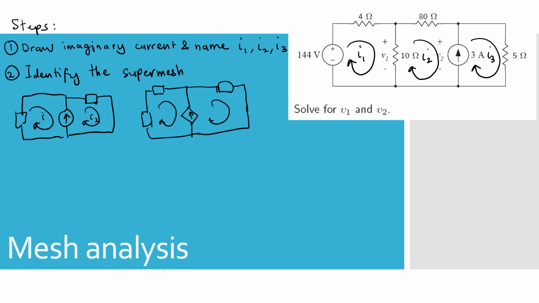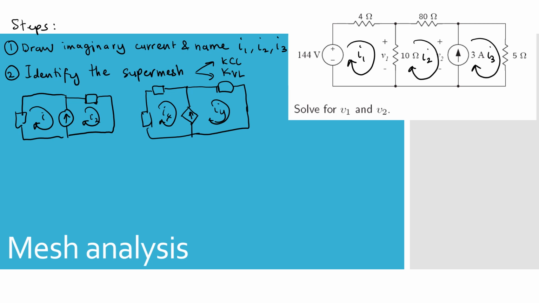If you have a supermesh, you need to build up two equations. First is a KCL at the supermesh, and second is a KVL at the supermesh, same as in your nodal analysis.